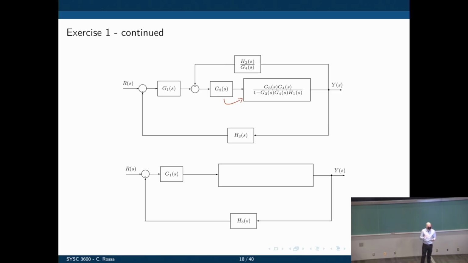We now have a negative feedback loop. So the result is A divided by 1 plus AB, where A is the big function in the forward line, and B is the function H2 over G4.